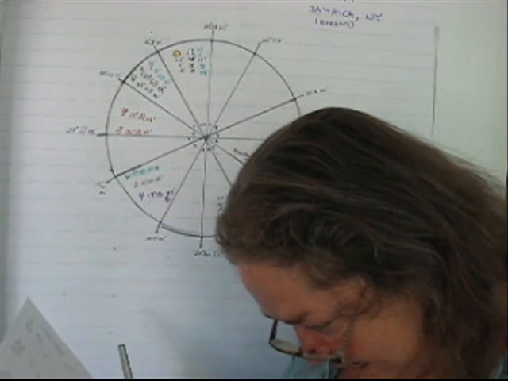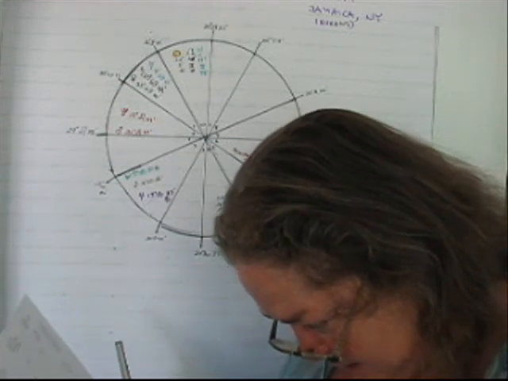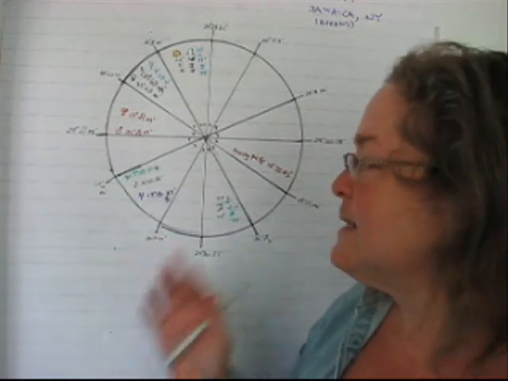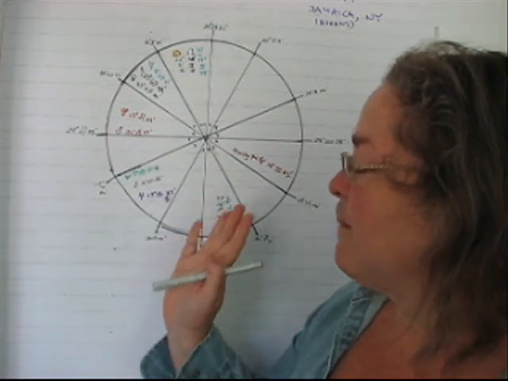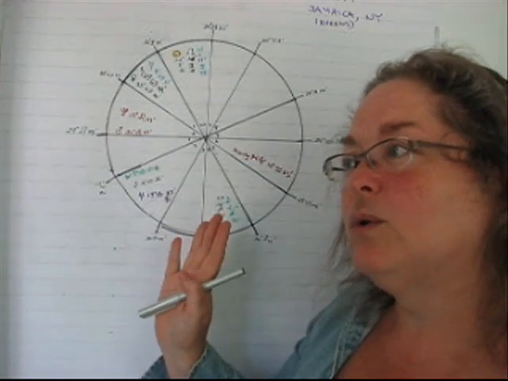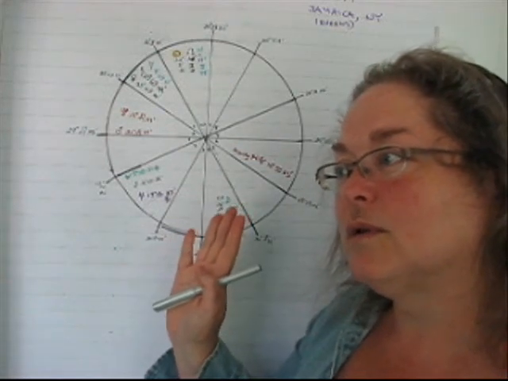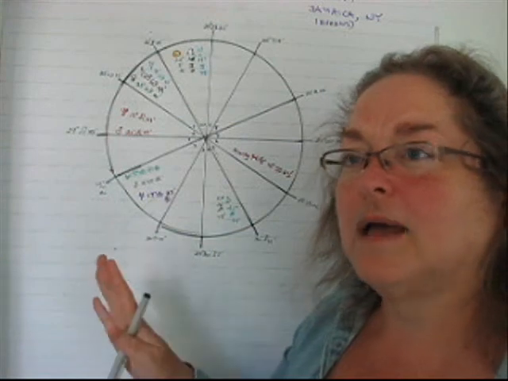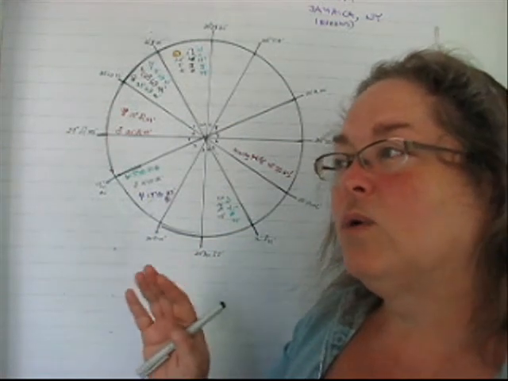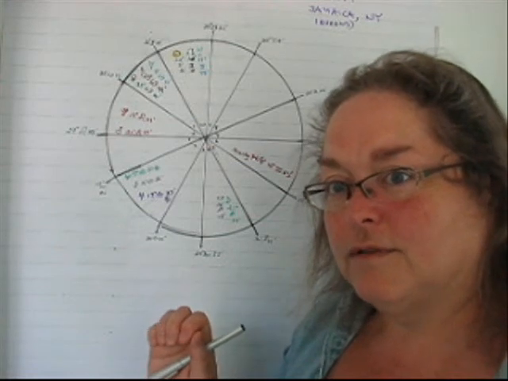Let's see. Right, so those are the major aspects we're dealing with. So we can see this person as somebody who is driven by a core sense of insecurity, a core sense of not being good enough.